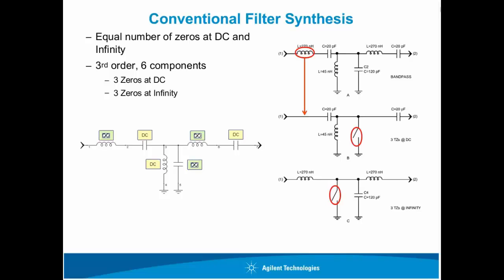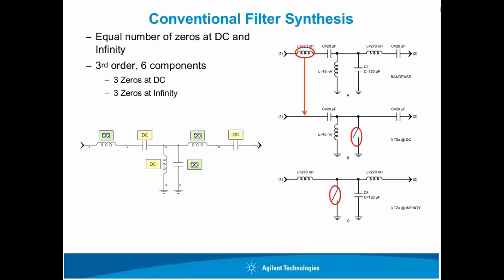So let's look at an example of conventional filter synthesis, as we're talking about zeros. You can see at the top right here we have the third-order bandpass filter, similar to what we were talking about. In B, we have the 3 transmission zeros at DC, and you can see the effect.